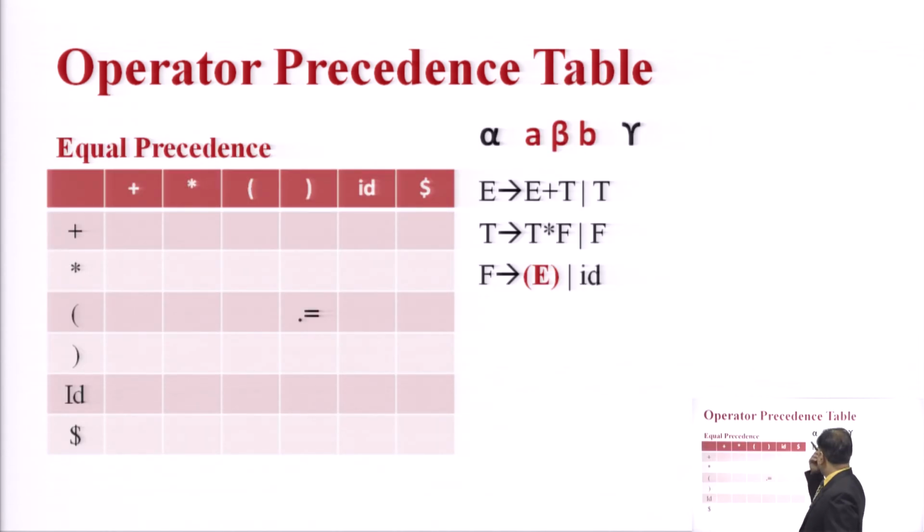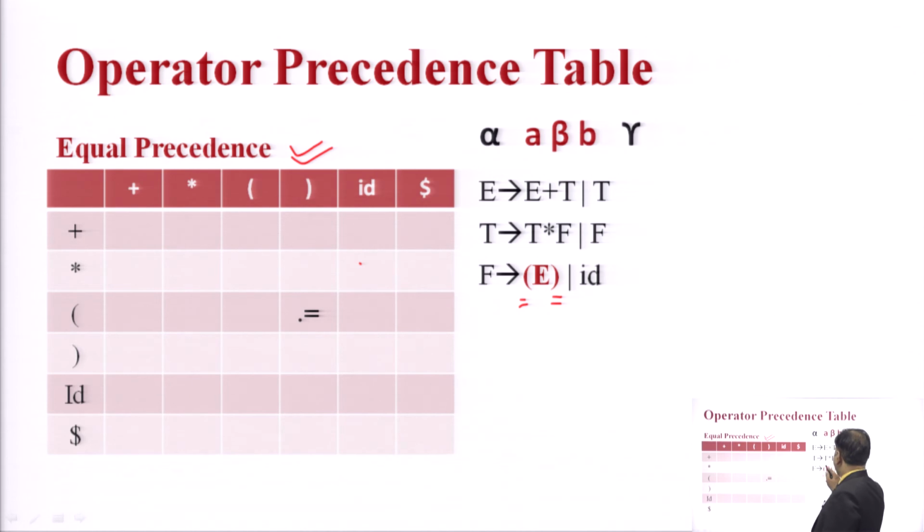Suppose the grammar is E drives E plus T oblique T, T drives T star F oblique F, F drives E in brackets and ID. So, first I find the relations with equal precedence. For equal precedence, what do I do? I try to find out the pattern in which terminals are separated by a single non terminal.